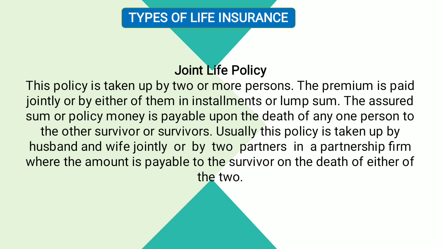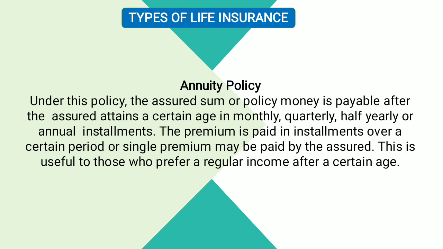Usually this policy is taken by a husband and wife jointly or by two partners in a partnership firm, as we discussed, where the amount is payable to the survivor on the death of either of the two. Next, after the joint life policy, we have the annuity policy. What is an annuity policy?